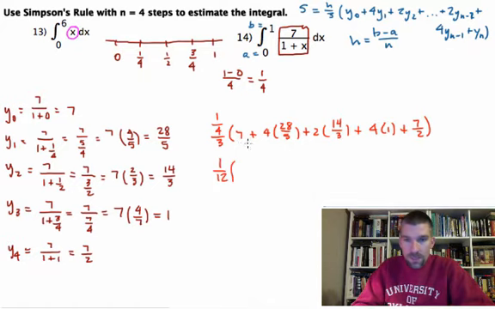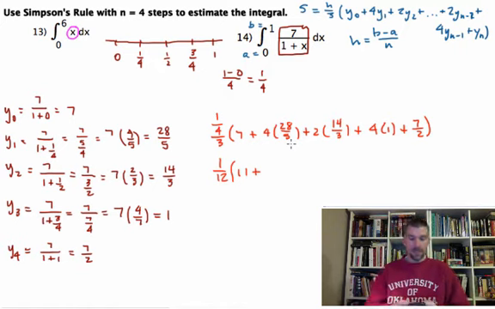I can do the easy parts in here. 7 plus 4, that's 11. Plus 28 times 4. Let me just crank that out real quick. 28 times 4. Hold on. Talk amongst yourselves. I don't carry that one in my back pocket. 28 times 4 is 112.